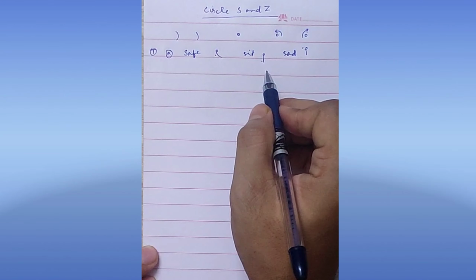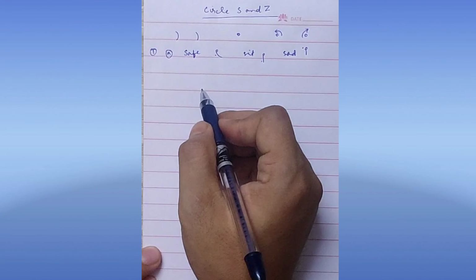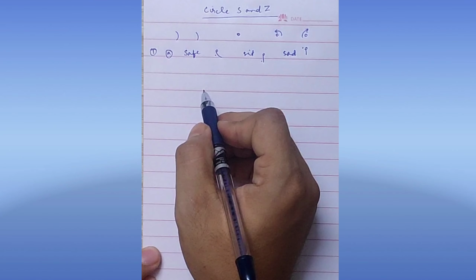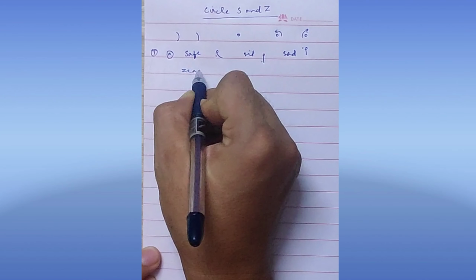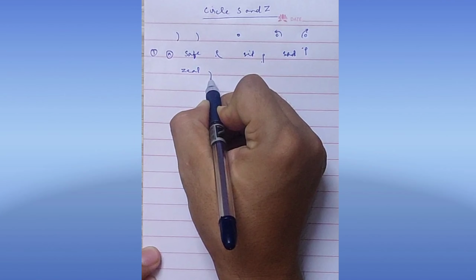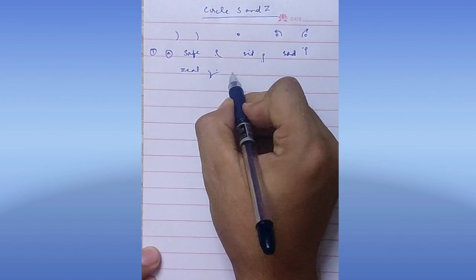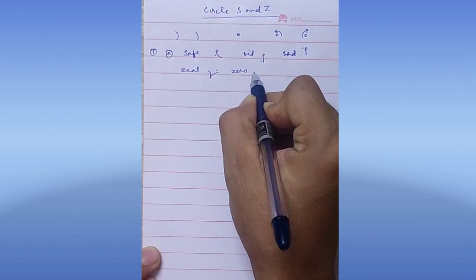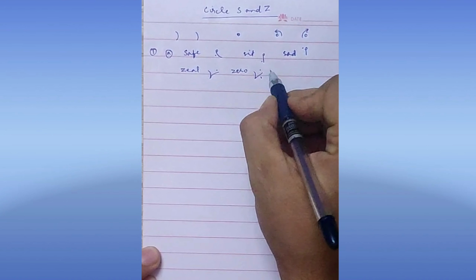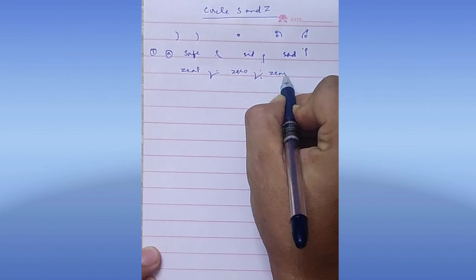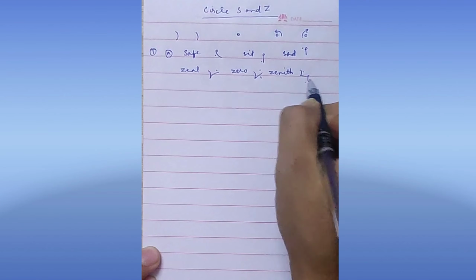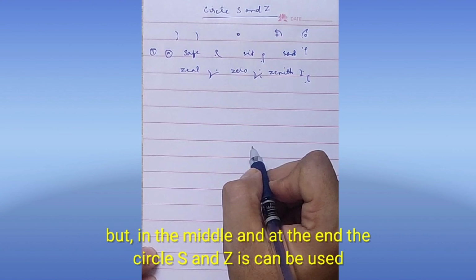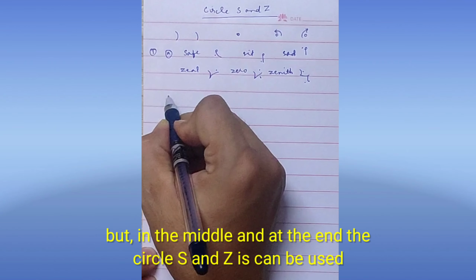If Z is used in the initial, then the full length Z stroke must be used, like zeal, Z-E-L, zeal, zero, zenith, Z-N-T-H, zenith. But in the middle and at the end, circle S and circle Z can be used.